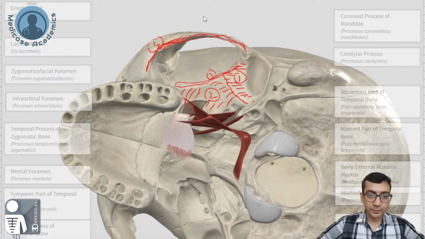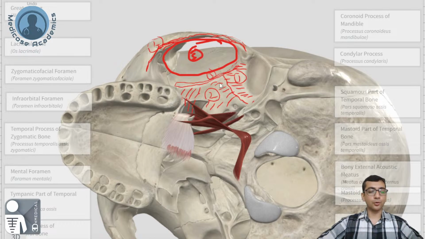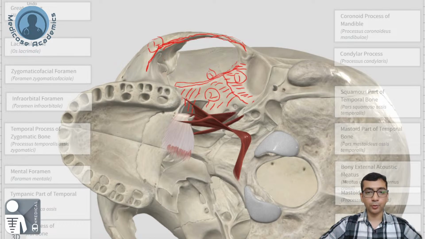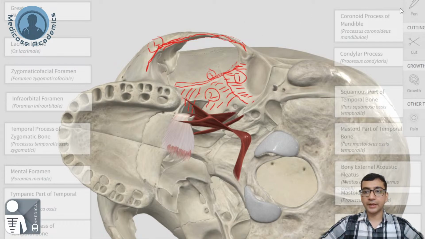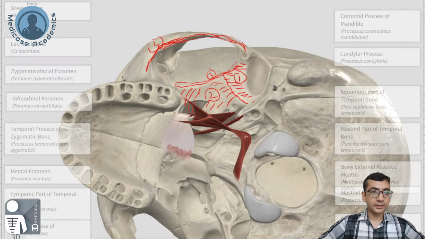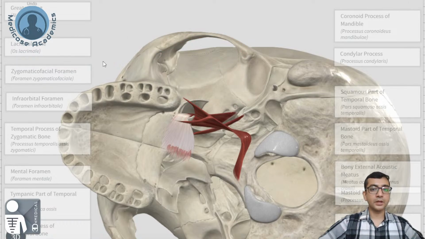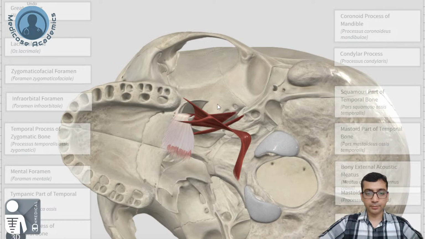So these are all the structures that are making the roof of the infratemporal fossa. Almost the same structures were making the floor of the temporal fossa. So this is about the infratemporal fossa boundaries.